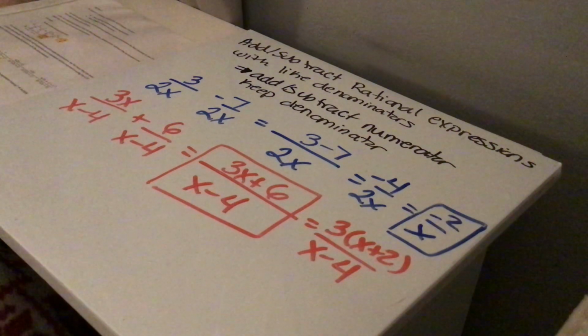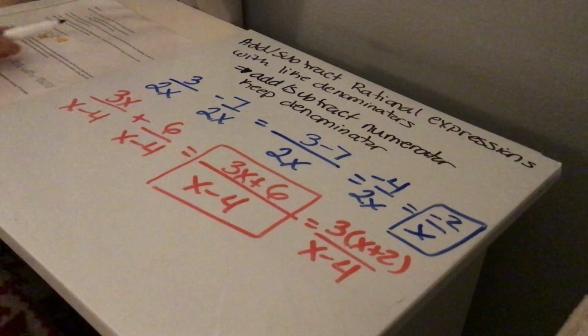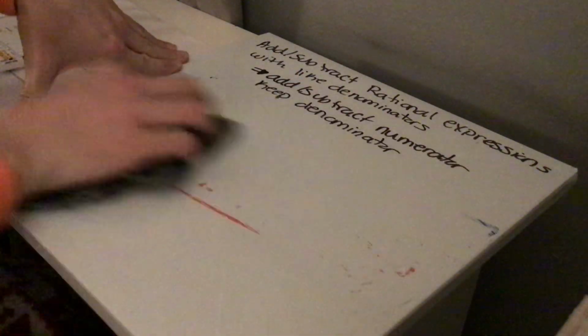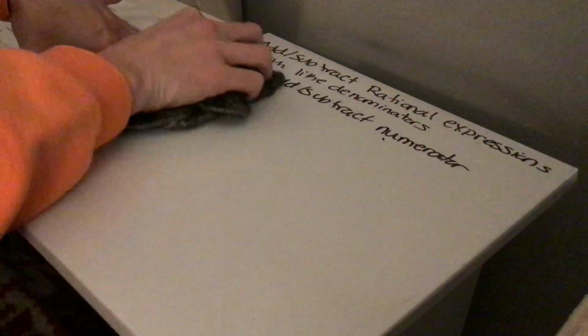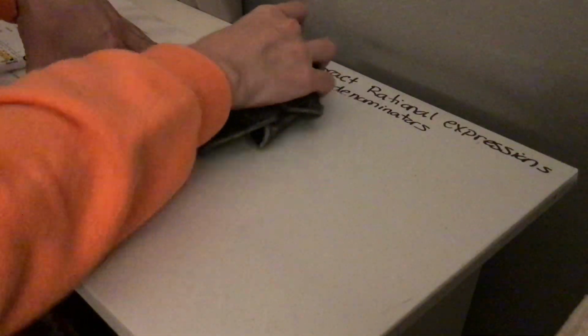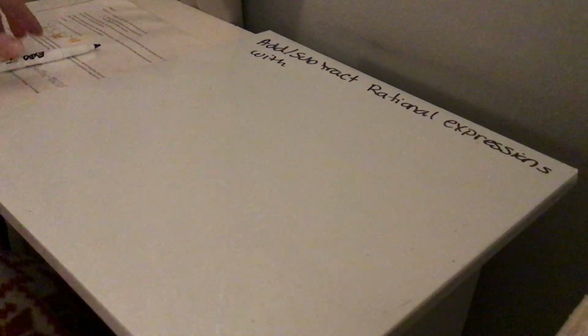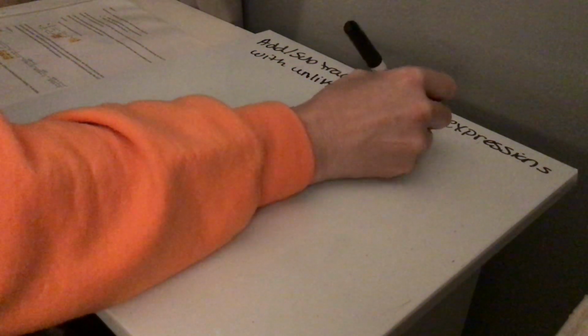The difference comes when they have unlike denominators. So when you had a fraction that did not have the same denominator, the very first thing you needed to do was make them have the same denominator. Okay?